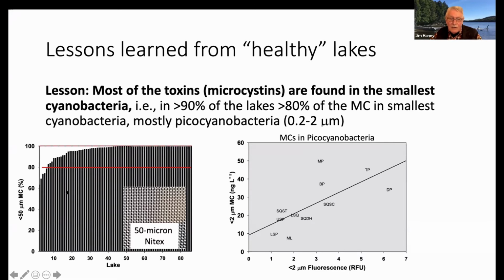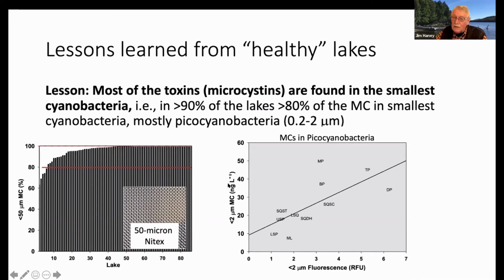When we did that, one of the big surprises, and this red line shows you the 80% level, is that in over 90% of the lakes that we looked at, more than 80% of the microcystins were in the less than 50 micron fraction. And on the right-hand side, it shows that of that less than 50, most of those were less than 2 microns.